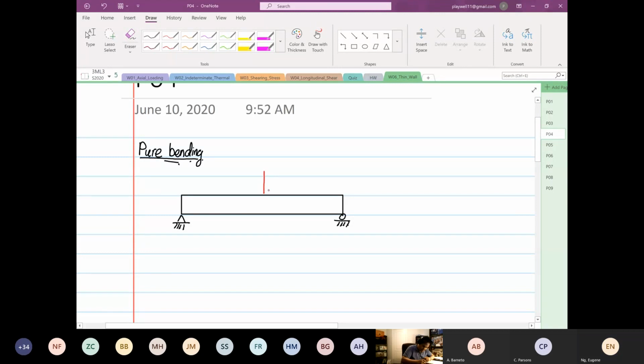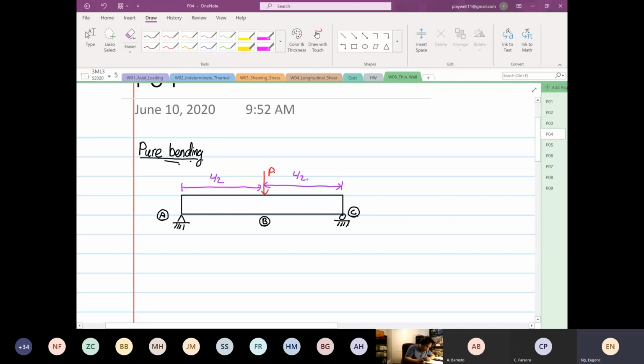I'm going to call this point A, and I'm going to call this point B, where the load P is, and I'm going to call this point C, and the distance from here to here is L over 2, and the distance from here to here is also L over 2.